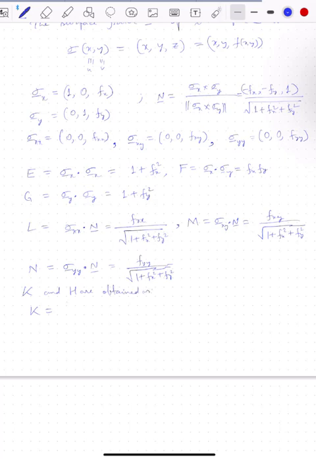So K is equal to LN minus M squared divided by EG minus F squared.